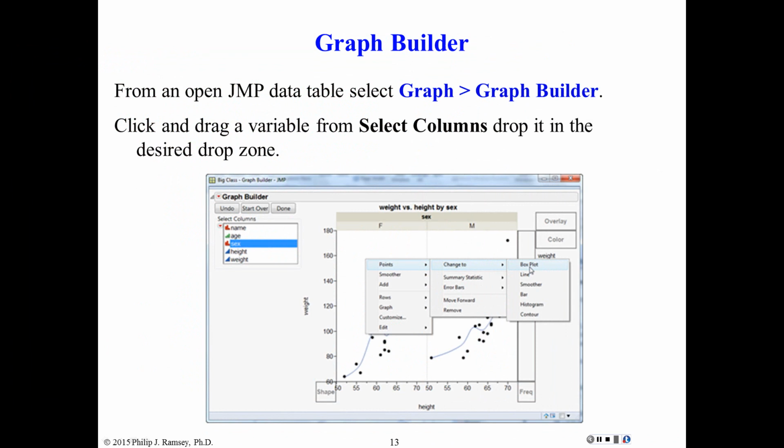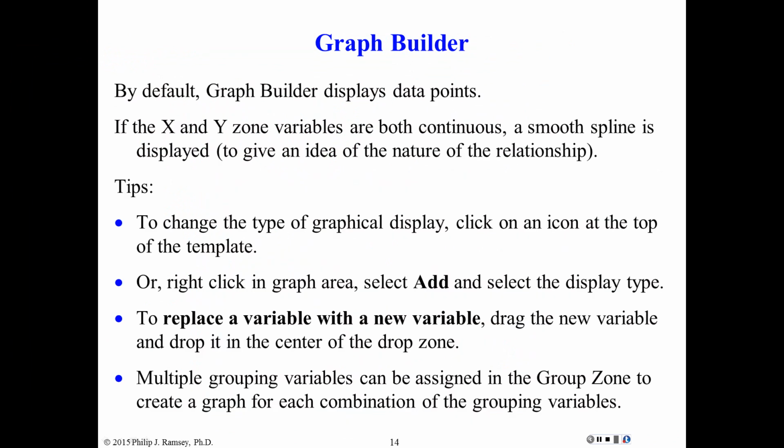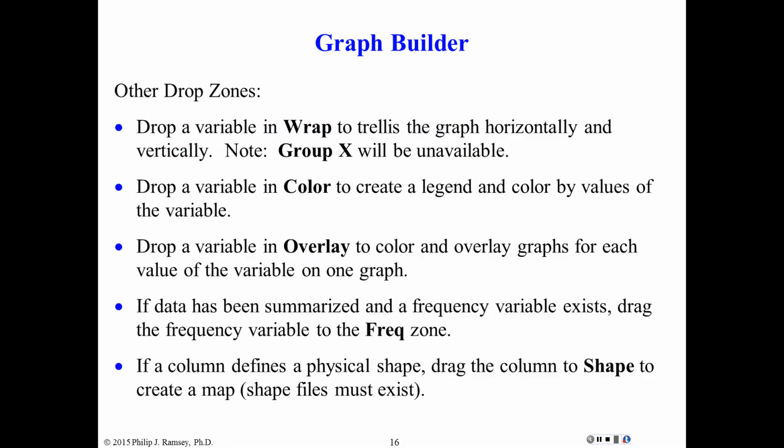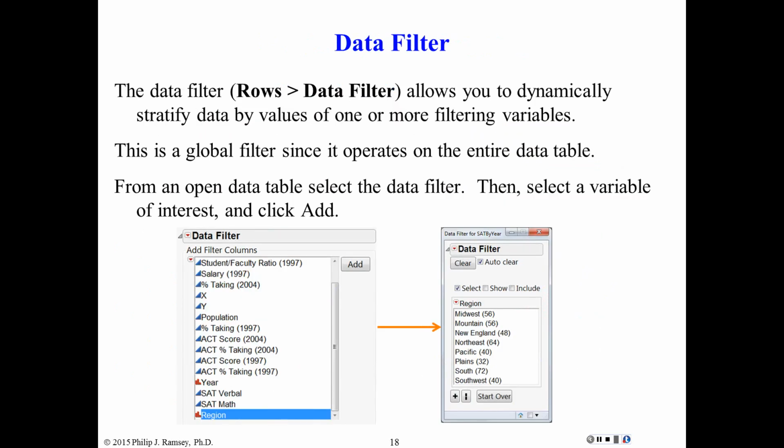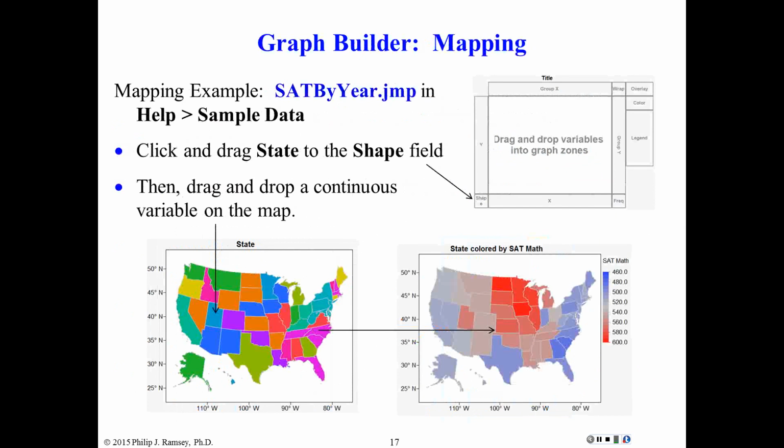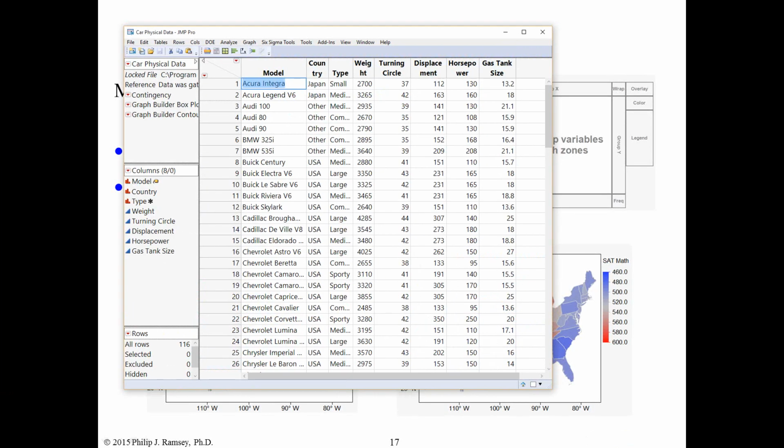So just go ahead, and as I said, I'm not going to go through everything you can do in these slides. Actually, I think I will show you one other one right now, and that is mapping in Graph Builder. So I'm going to bring JMP back, and I'm going to close out the car physical data.